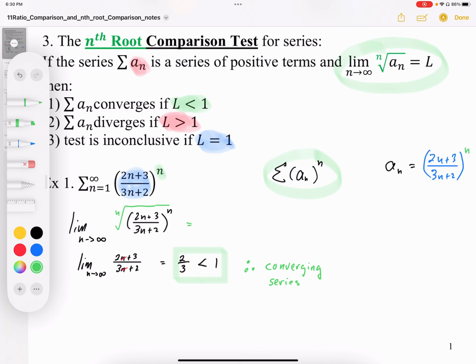This really is a geometric series. It's some base to the power n. And all geometric series converge if the ratio, the base, is between -1 and 1. Well, what essentially we're doing is just looking at what happens to the base.